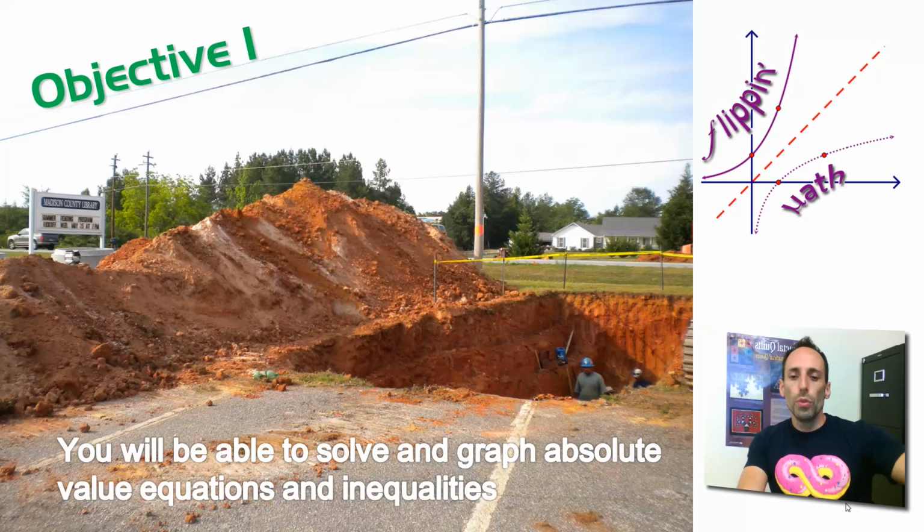Well, you can view the ground as being 0, and the amount out of the hole, your pile, is the positive number, and the amount inside the hole is the negative number, and these things have the same absolute value. In other words, they have the same distance away from the ground. And so that hole can demonstrate absolute value together with all the dirt that came out of it.